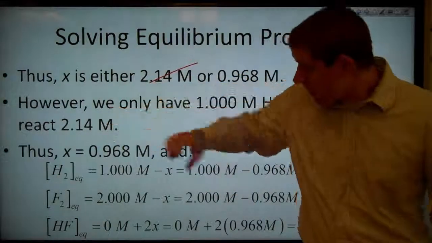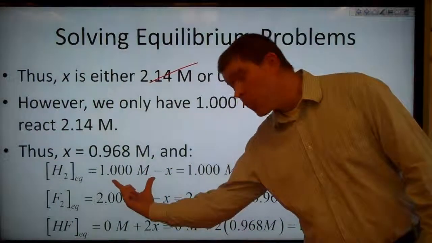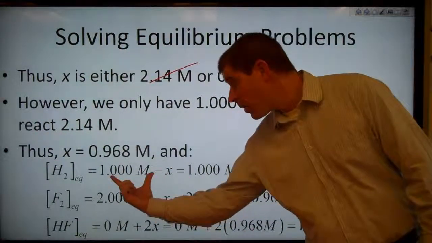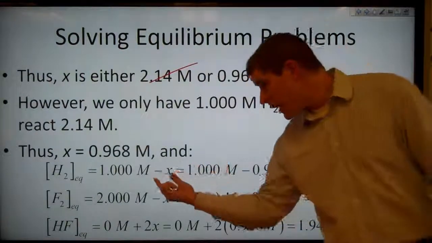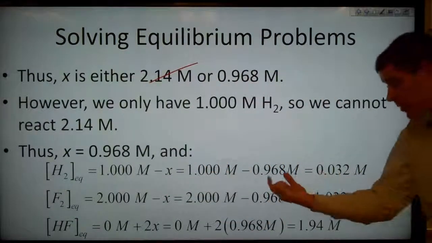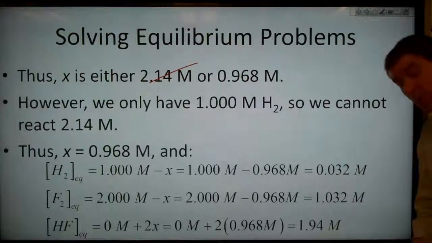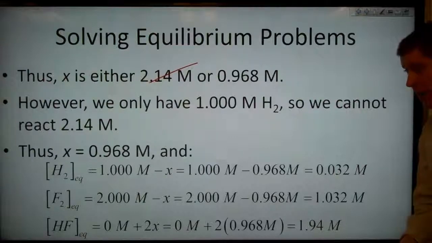So if the value of X is 0.968 molar, that means that we have, at the end, 1.000 molar minus X molar. Well, that's 1.000 molar minus 0.968 molar, which means that we have 0.032 molar remaining of the hydrogen.